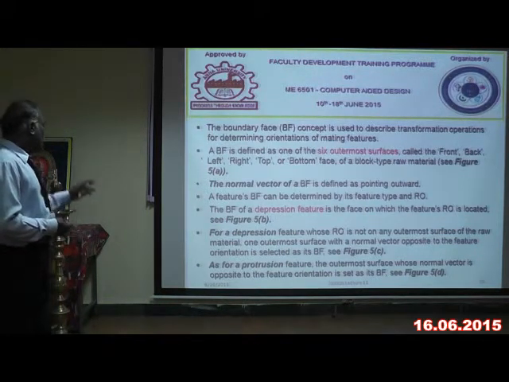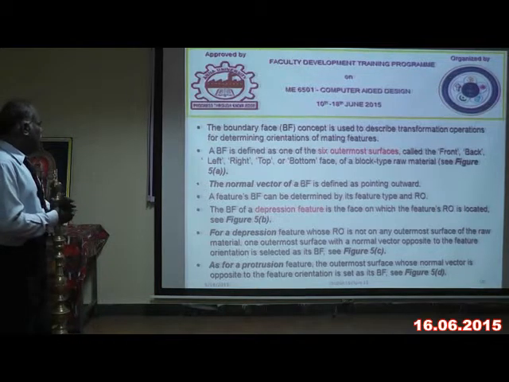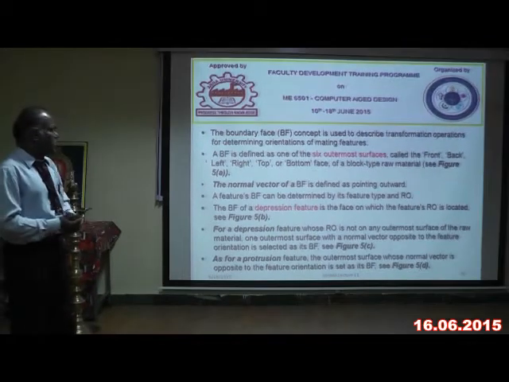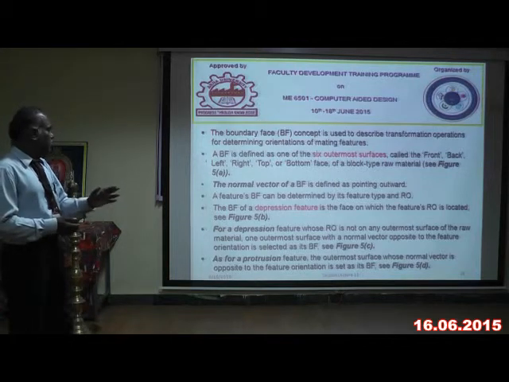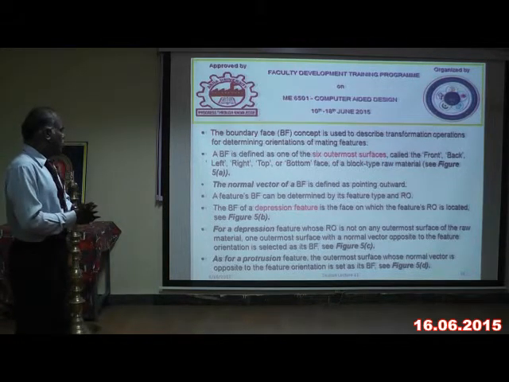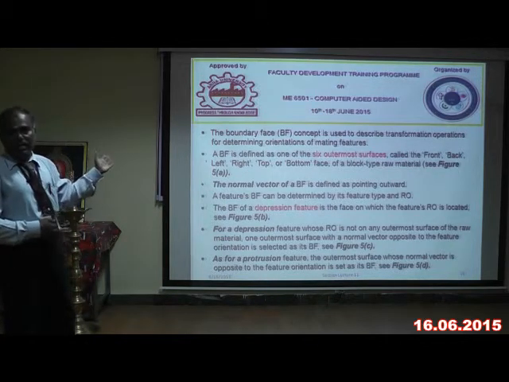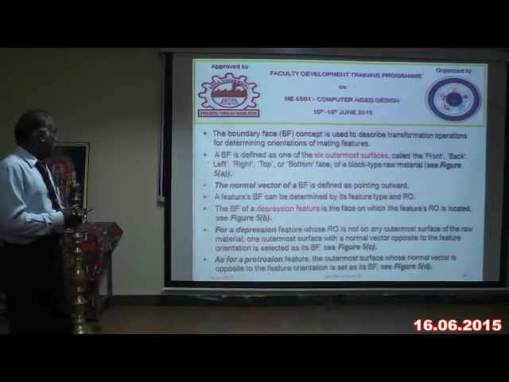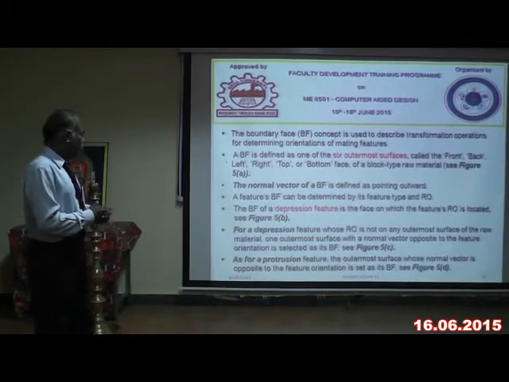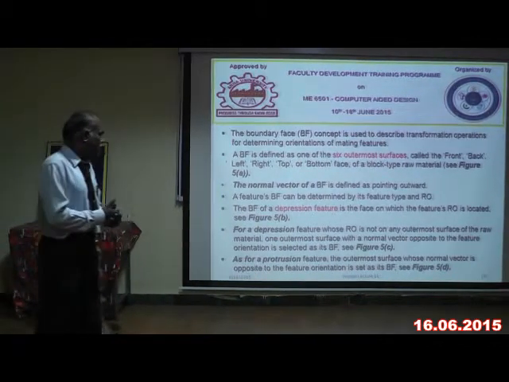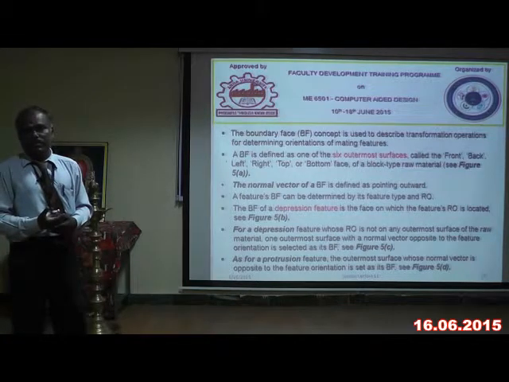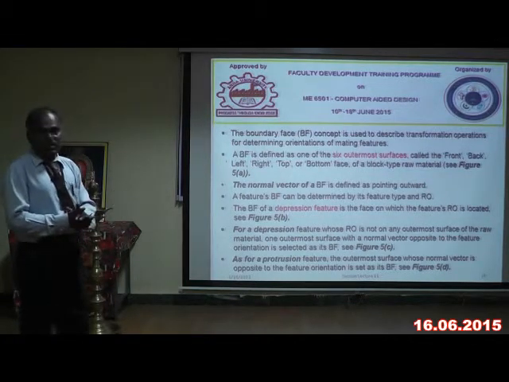The boundary face is defined as one of the 6 outermost surfaces: front, back, right, left, top and bottom boundary face. The raw material is shown in diagram A. And the normal vector of the boundary face is defined as pointing outward.